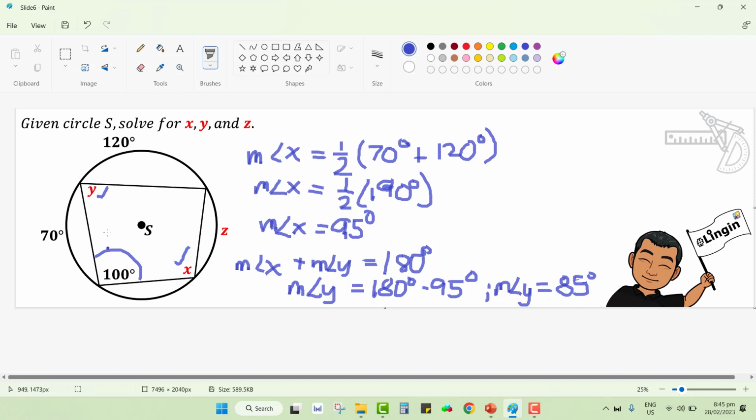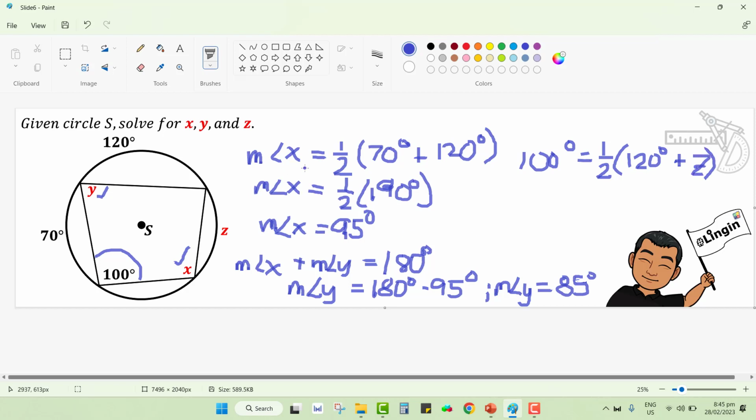So this is what we are going to use, because this is the inscribed angle intercepting these two arcs, it means that 100 degrees is 1/2 the measurement of the entire intercepted arc, which includes 120 degrees and the unknown z.